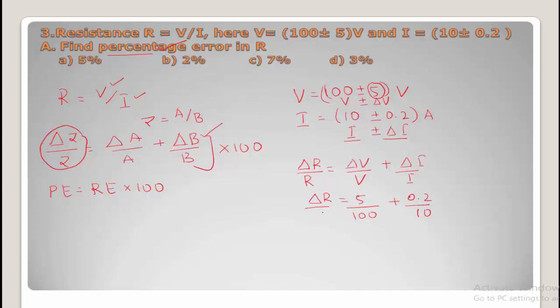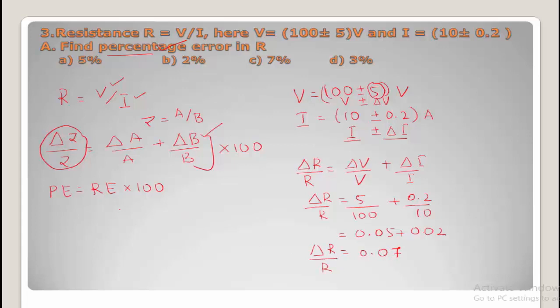Now simplify this. So you will get 0.05 plus 0.02. Now the final answer is 0.07.